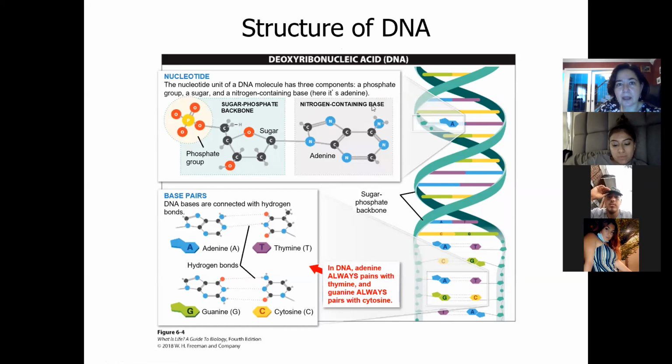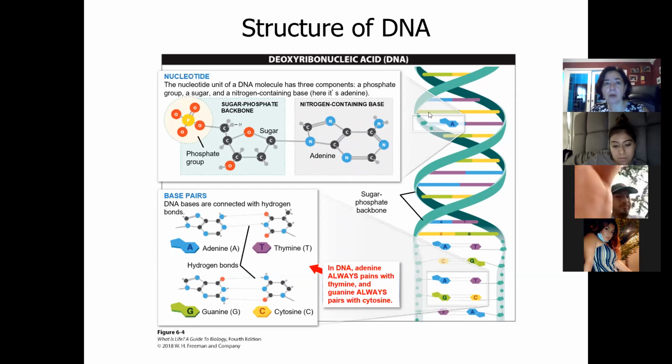Okay, so DNA stands for desoxyribonucleic acid. And it's made of sugar, which is a pentose, which means 5 carbons in the sugar. And in the case of DNA, it's desoxyribose. There is a phosphate group, and there is a nitrogen base.